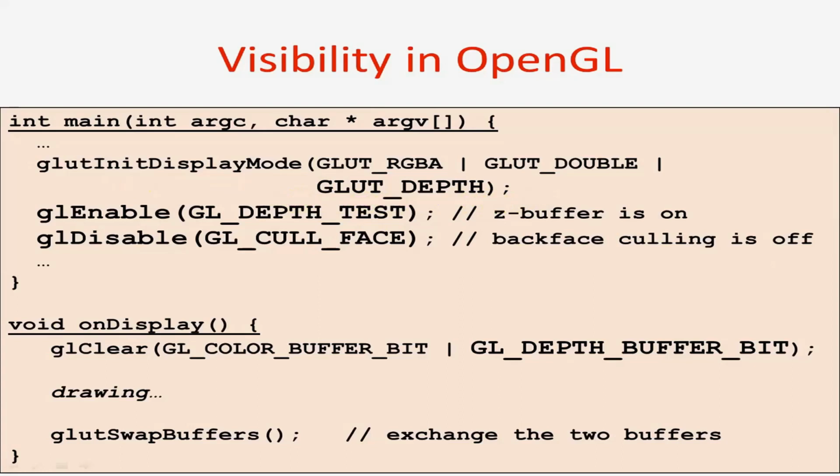Then Z-buffering can be enabled with the glEnable GL_DEPTH_TEST function and disabled with the glDisable GL_DEPTH_TEST function. Similarly, we can enable or disable backface culling. If we use depth buffering, the initialization of the Z-buffer should be done at the beginning of each drawing cycle by telling glClear that not only the frame buffer, but also the depth buffer should be initialized.